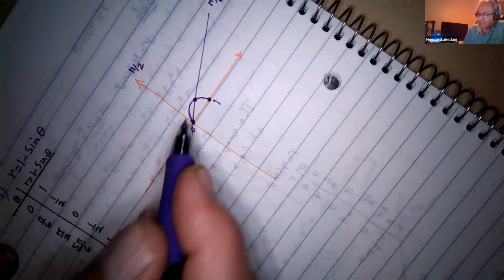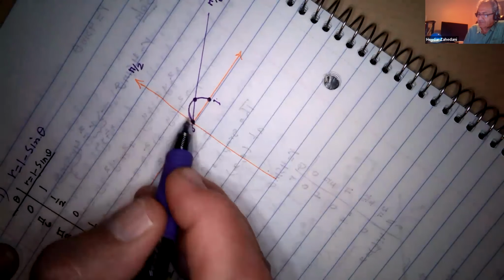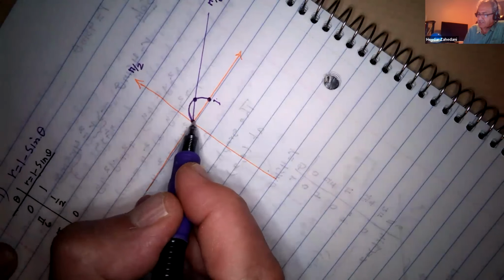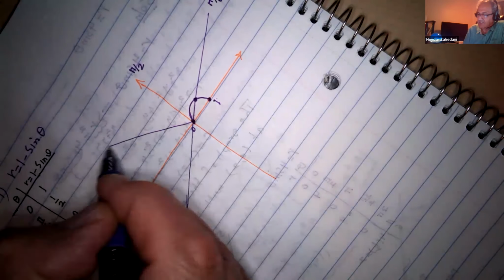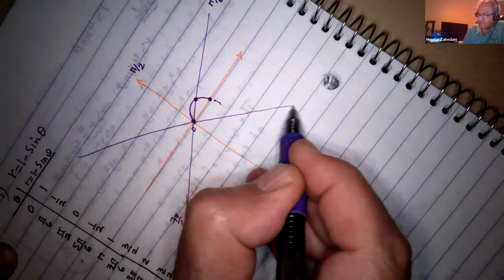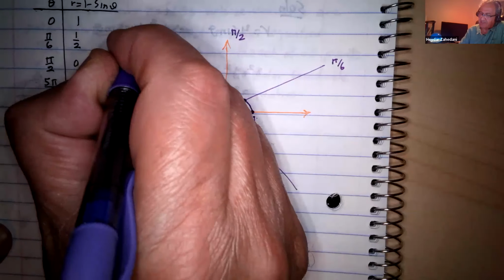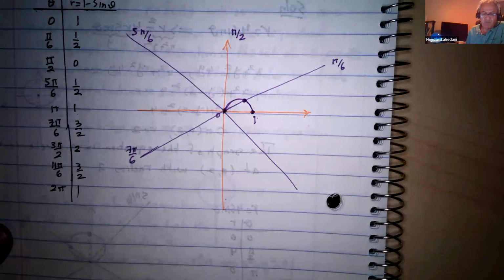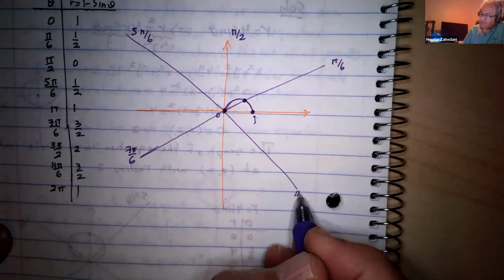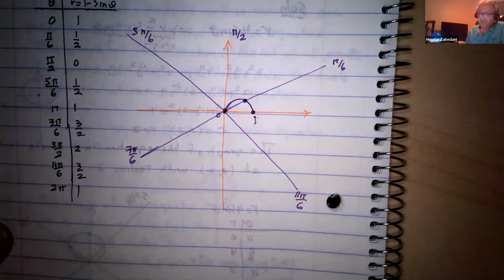Okay, so we continue, 5 pi over 6, 150. So let's get the 150 here. This is 60 degrees. Suppose this is 5 pi over 6, and over here that gives you 11 pi over 6.